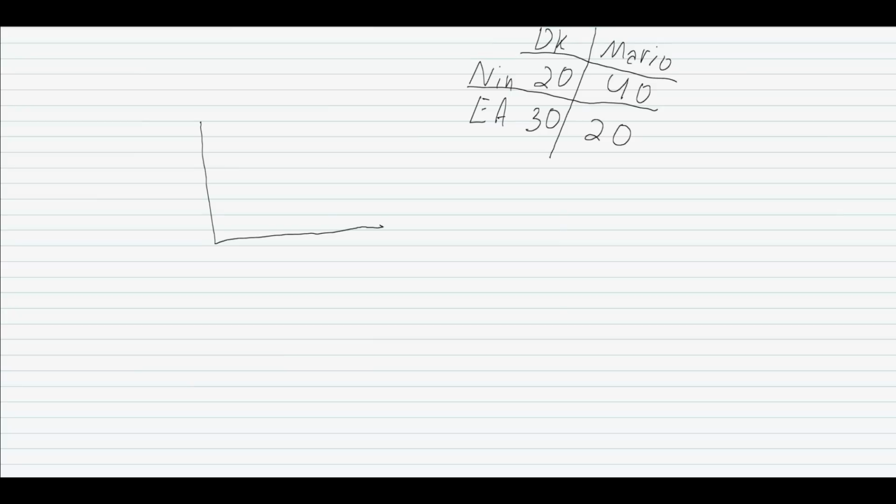Let's make Donkey Kong on the y-axis and Mario on the x-axis. So you can see that this curve, the 30 and the 20, is obviously EA, while this curve, 20 and 40, is obviously Nintendo.